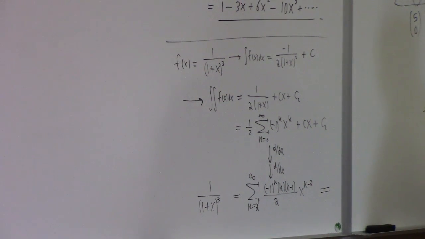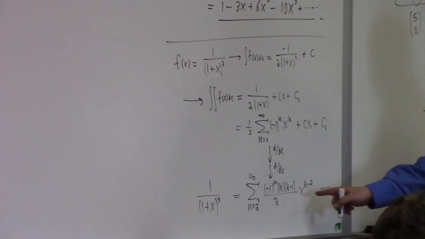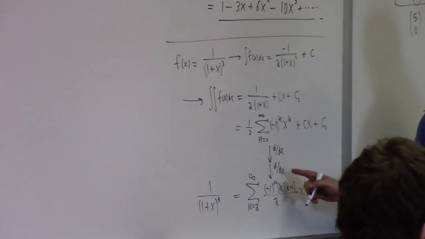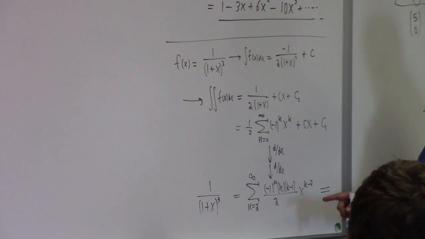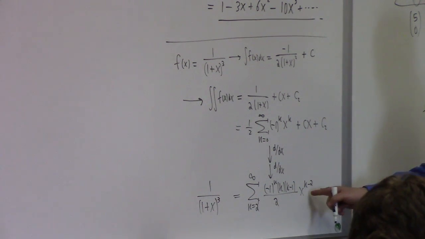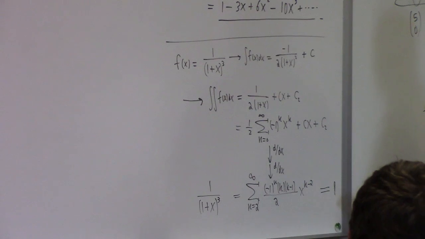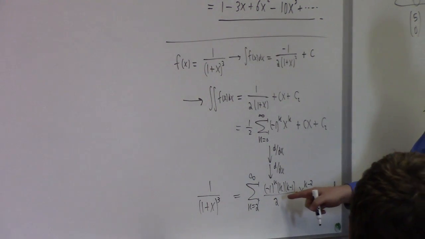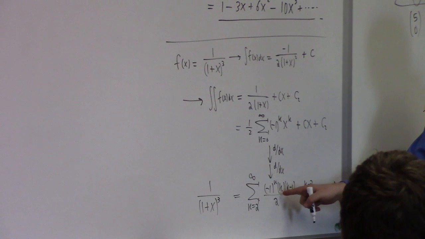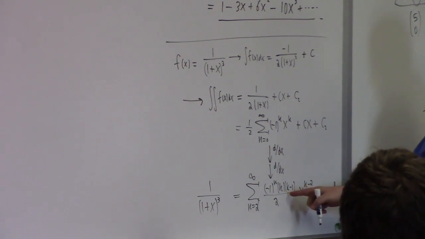Moment of truth. If I plug in k equals 2, what do I get? 2 times 1 divided by 2, 1. Well, so far so good. And then plug in k equals 3: 3 times 2 divided by 2 gives me 3.